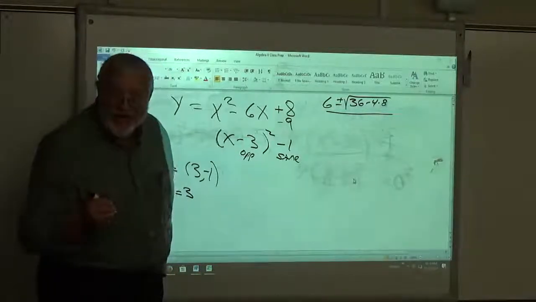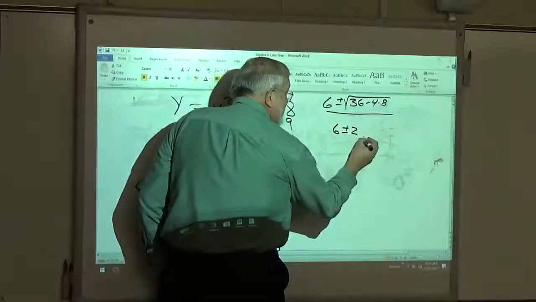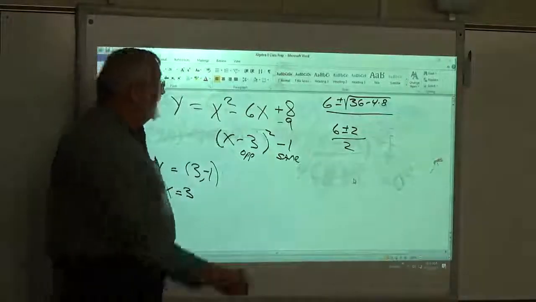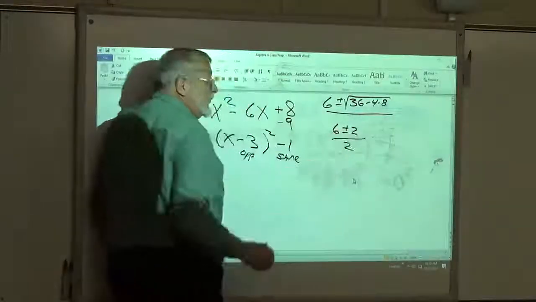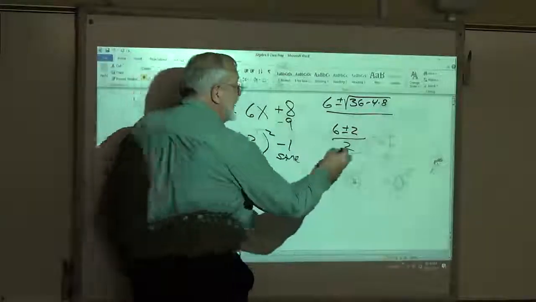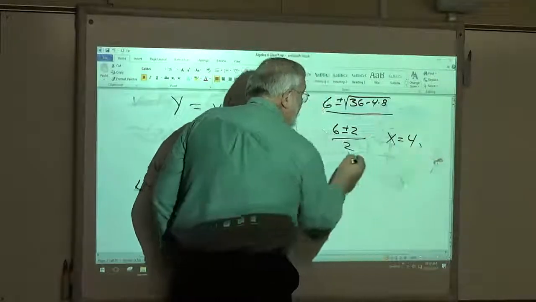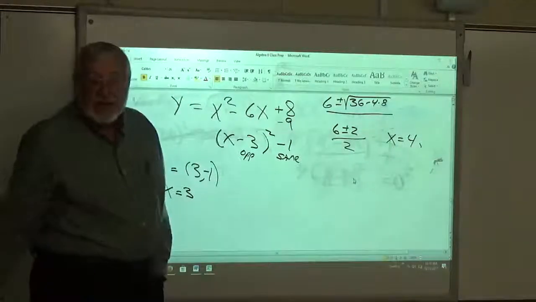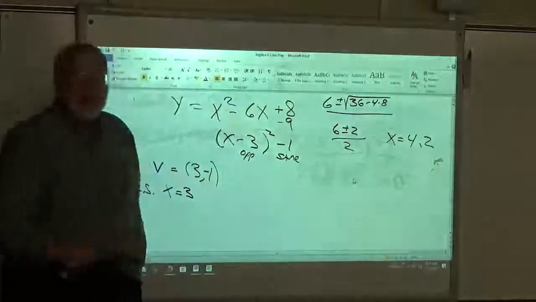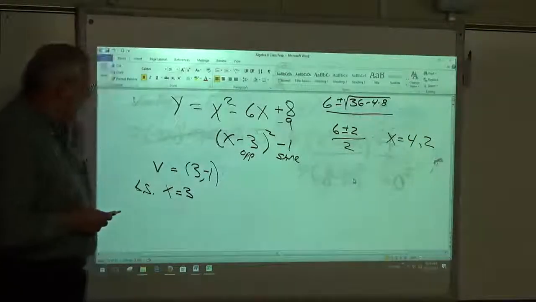Square root of 4 is 2. So that makes this 6 plus or minus 2 over 2a, which is 2. So 6 plus 2 is 8, 8 divided by 2 is 4, so x equals 4. And 6 minus 2 is 4, divided by 2 is 2. So 4 and 2 are the two solutions. Where's the axis of symmetry?